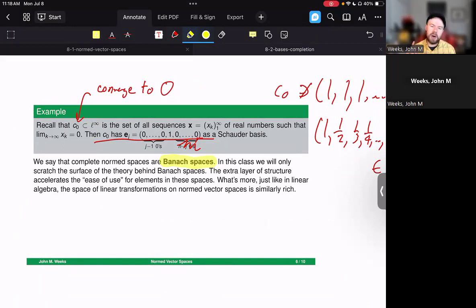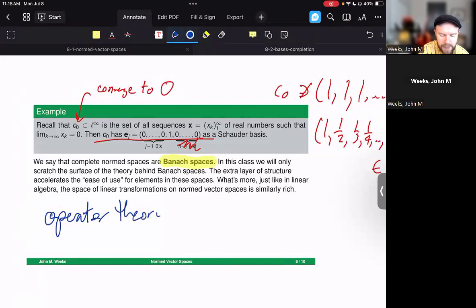Now, Banach spaces are one of the objects that are studied in and of themselves because Banach spaces actually create a world of mathematics which is called operator theory. And we'll be seeing some of these operators in the upcoming week. Operator theory is talking about functions that are linear going from one complete space to another.